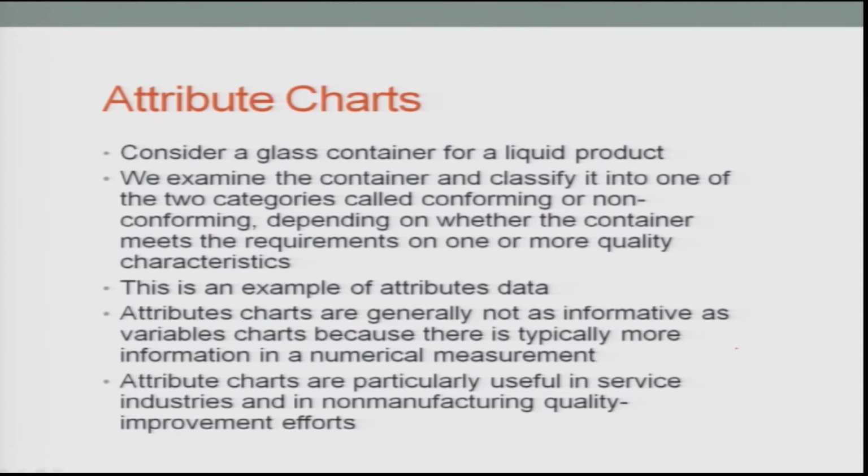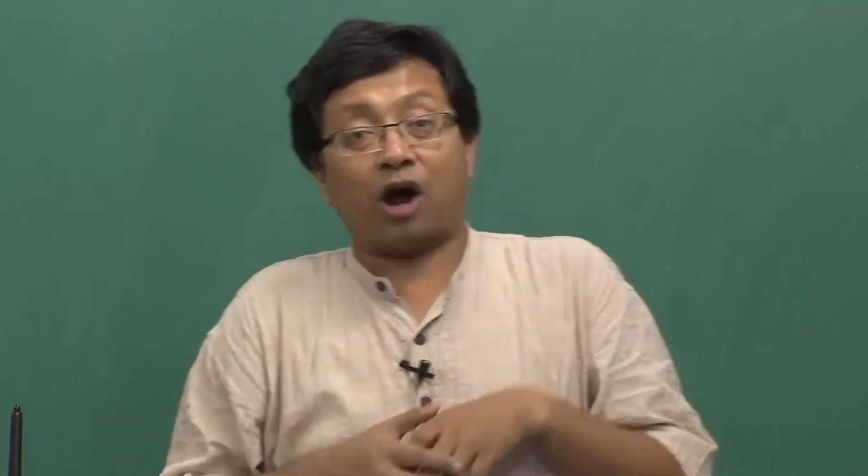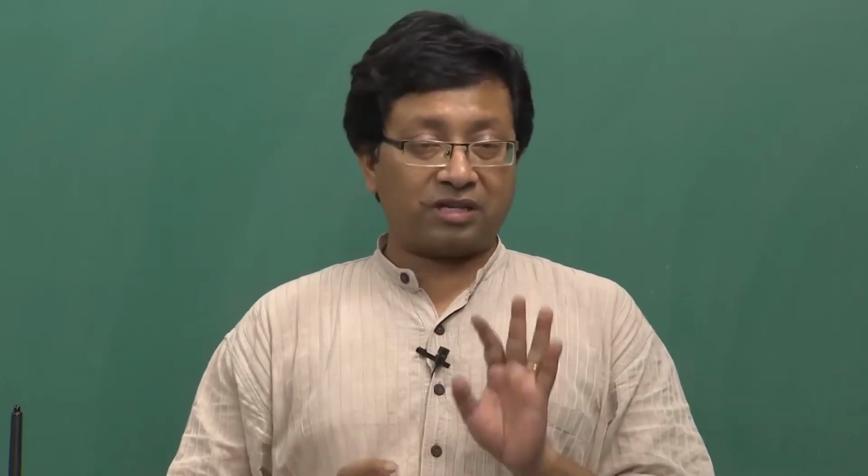Attribute charts are generally not as informative as variable charts because there is typically more information in the numerical values. Numerical values give you an actual understanding of how you are trying to measure it, and these readings would give you an actual feel of how you are going to analyze. But characteristics would be a little bit subjective. I am not saying that you are losing information, you have to do a lot more understanding of the attribute characteristics.